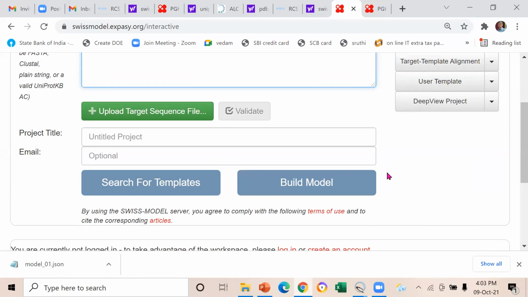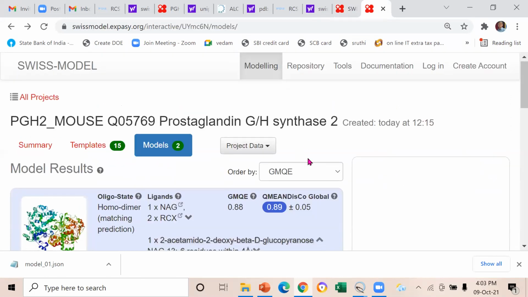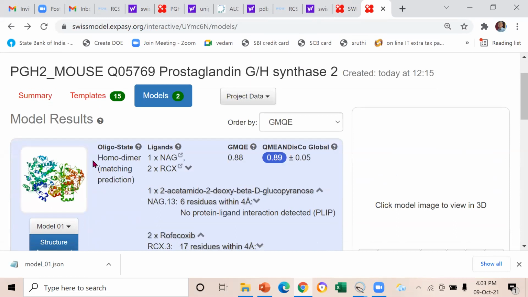It will build the model. It will give you a protein structure. Then you can check the structure to see whether the Ramachandran plot or RMSD, everything looks good. You download that 3D structure. That will be the modeled protein, which you use for your docking purposes. That's how the entire process works.